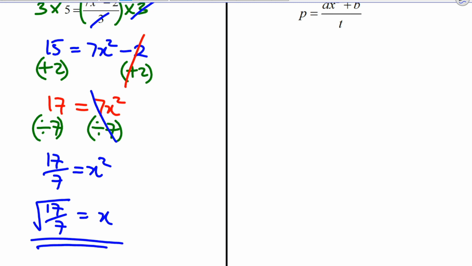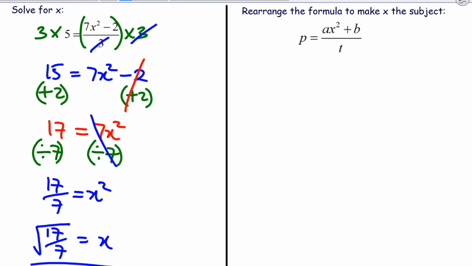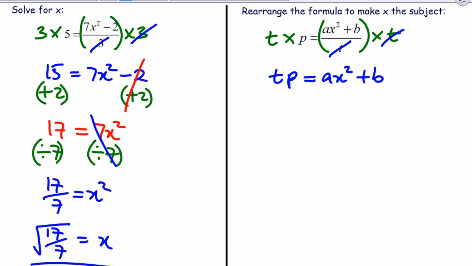Okay, we can use the same process to work out this question on the right. So we need to get rid of t. Start by multiplying by t on each side. t divided by t will be equal to 1. So you're left with tp is equal to ax squared plus b.